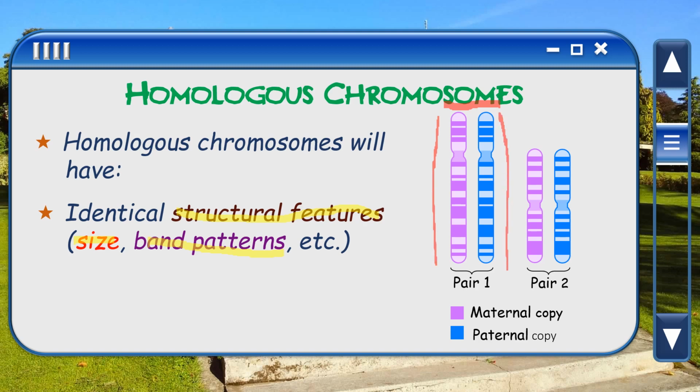And when you look at the band patterns, they are the same. So homologous chromosomes have identical structural features, like the size and the band pattern.